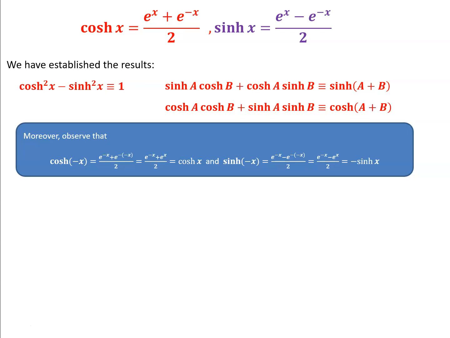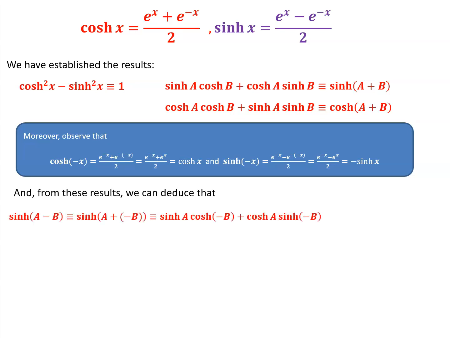Now, making use of those results, we can deduce that sinh of a minus b is the same thing as sinh of a plus minus b. Now we know that sinh of a plus another angle is going to be sinh of a cosh the other angle plus cosh of a sinh the other angle.